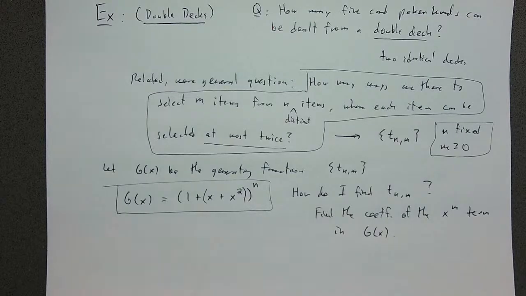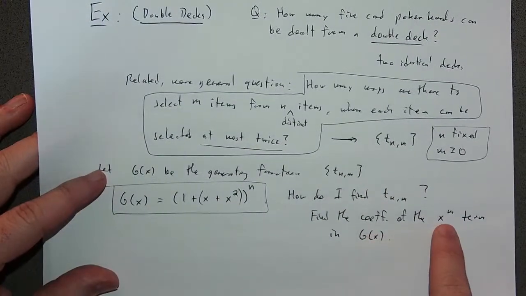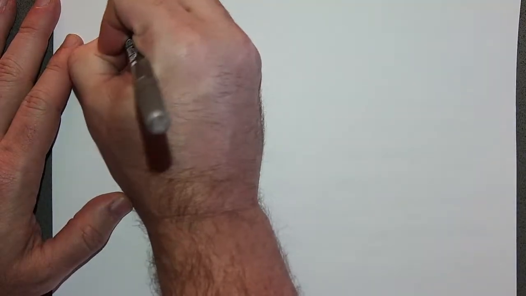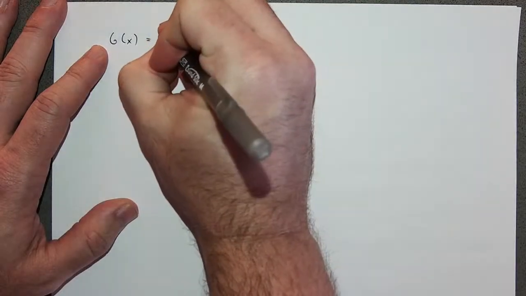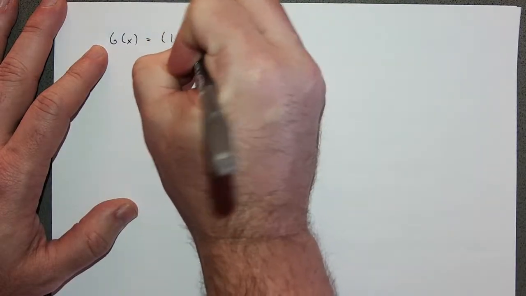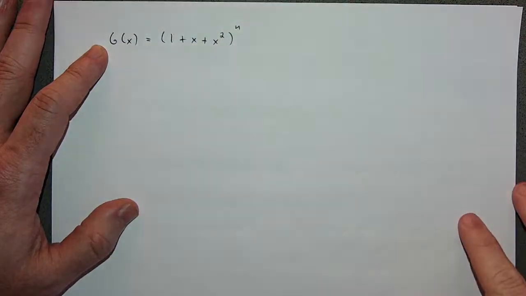But that's what we're going to do here. We're going to use the binomial theorem twice. So I'm looking for the coefficient on the x to the m term here to answer this question. So let's write my generating function. This is (1 + x + x squared) to the n.